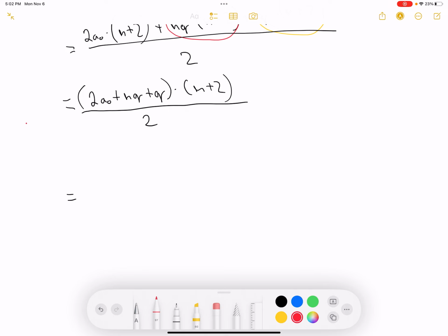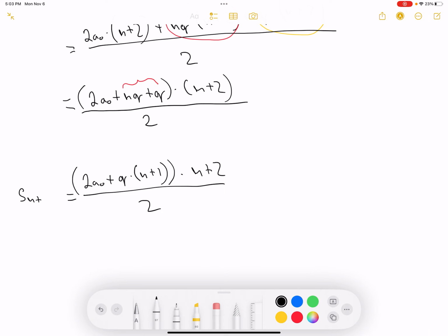You can probably already spot it right here. So (2a0 plus q times (n plus 1)) times (n plus 2) over 2. Okay, and this is going to be our final product of S(n plus 1).